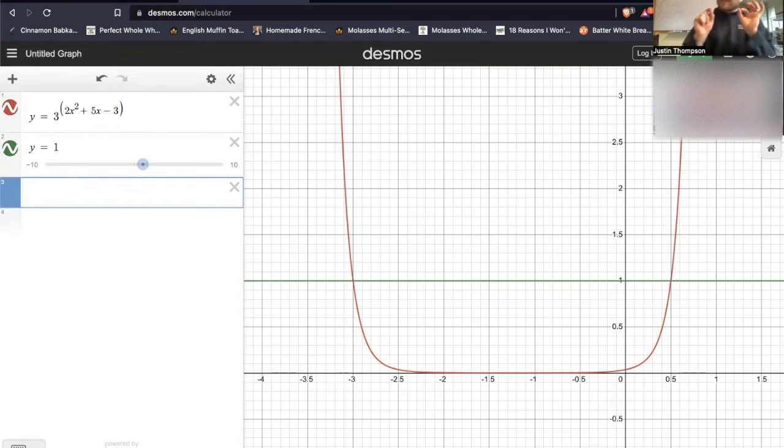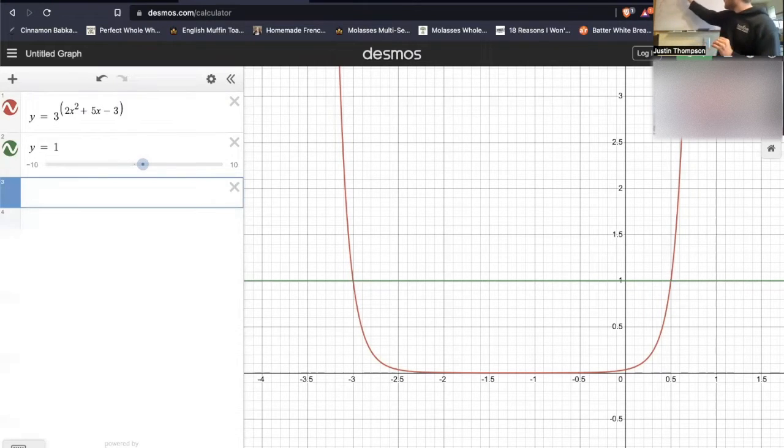And what's really nice here is that right away I could see I'm not on a wild goose chase. There is at least one solution to this. This is a nice principle to use in general. When you have an equation that looks crazy, something you've never seen before, and you're wondering what is going on here, doing this can at least give you a sense that there should be solutions.